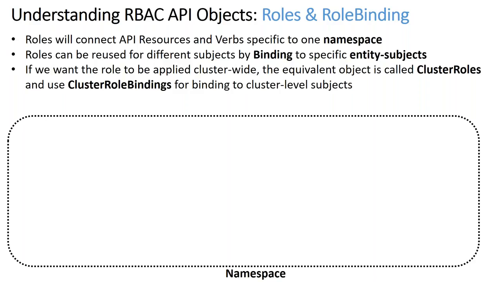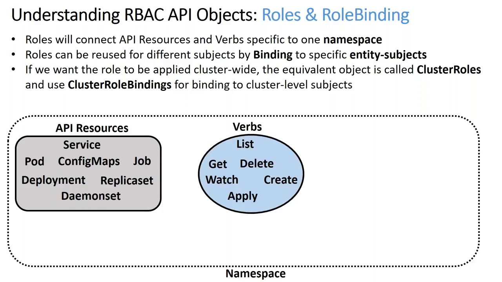Now, when you take a namespace, here we have our resources and we have verbs, as I just told you before. My resources are these, and my verbs are these kinds of actions or commands that I can run. A role is a combination of these two together.